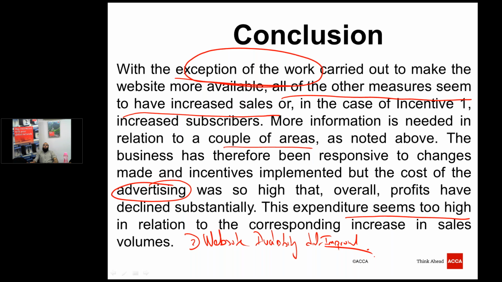So the best way to conclude, my friends, is to just highlight the major problems. All those things that you think are okay, just mention that all was well except for these, like advertisement and website availability. So this is how a 20-mark question will be shown.